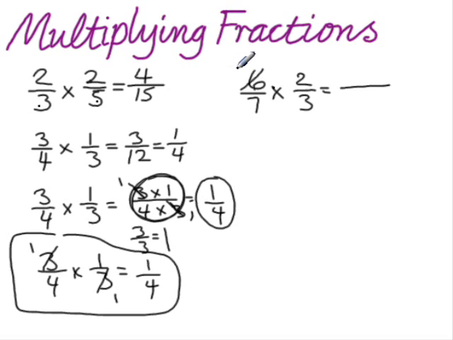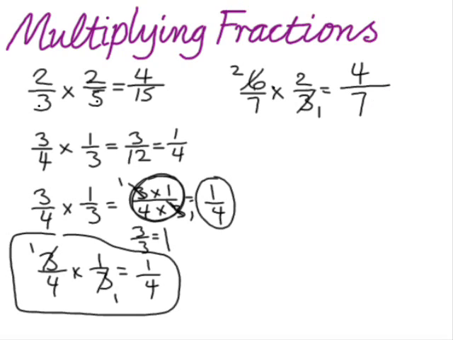So 3 into 6 goes 2 times, and 3 into 3 goes once. So now we have 2 times 2, which is 4, and 7 times 1, which is 7. And so our final answer, 4/7, and that is in its simplest form.